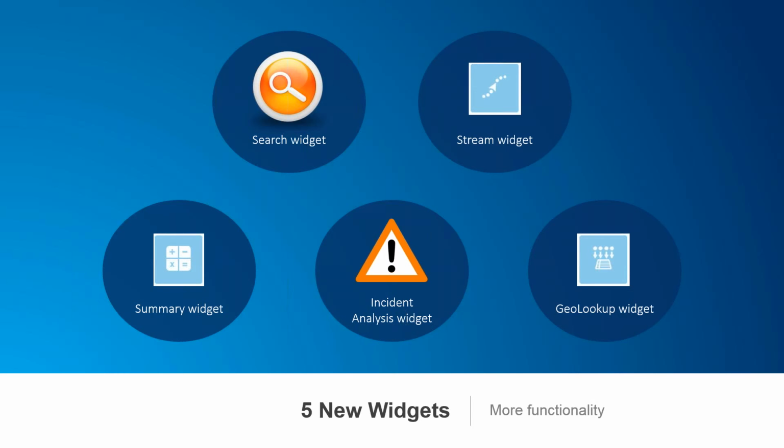There's a new stream widget, which has nothing to do with water flowing downhill, but everything to do with tracking things in real time in the real world if you have a geo-event extension on your server, so that you can track the location of vehicles or staff or airplanes or boats or whatever it is you want to track, and they will appear streaming in real time into your web app.